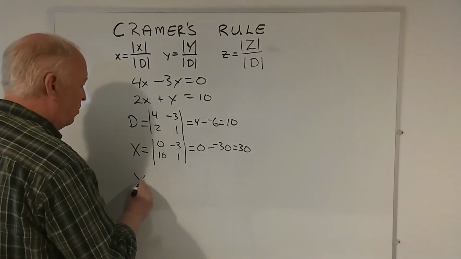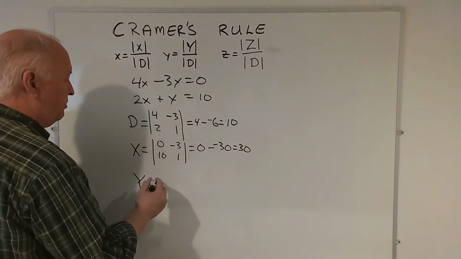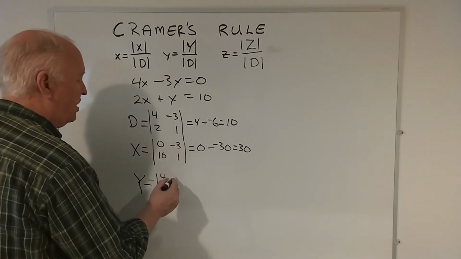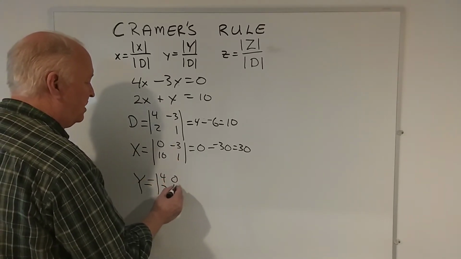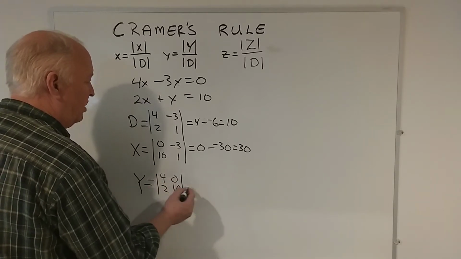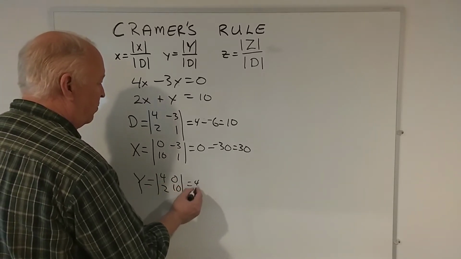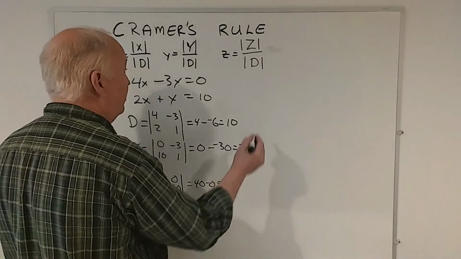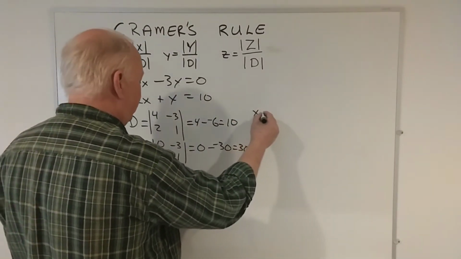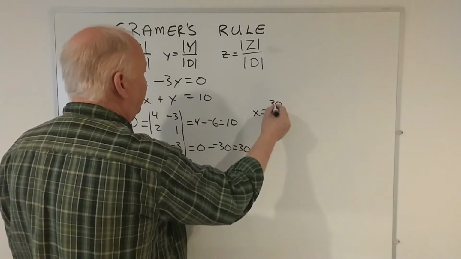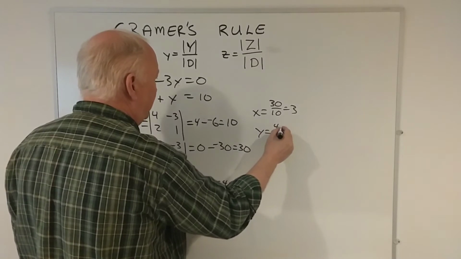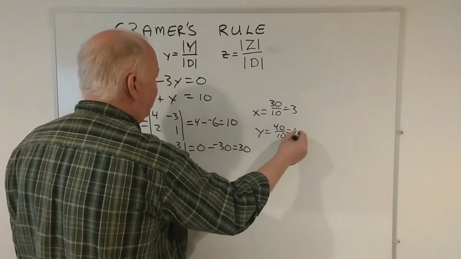And y will be the 4, 2. And now we'll replace the y column with 0, 10. And here we have 40 minus 0, which is 40. So x equals 30 over 10, which is 3. Y equals 40 over 10, which is 4.